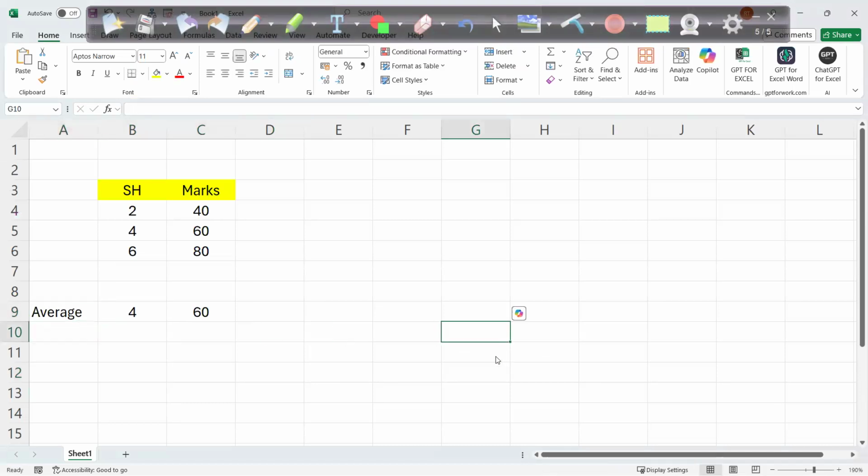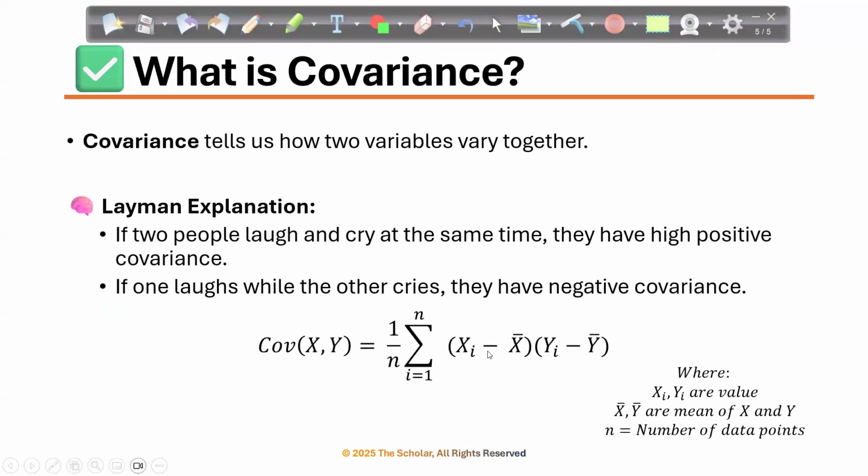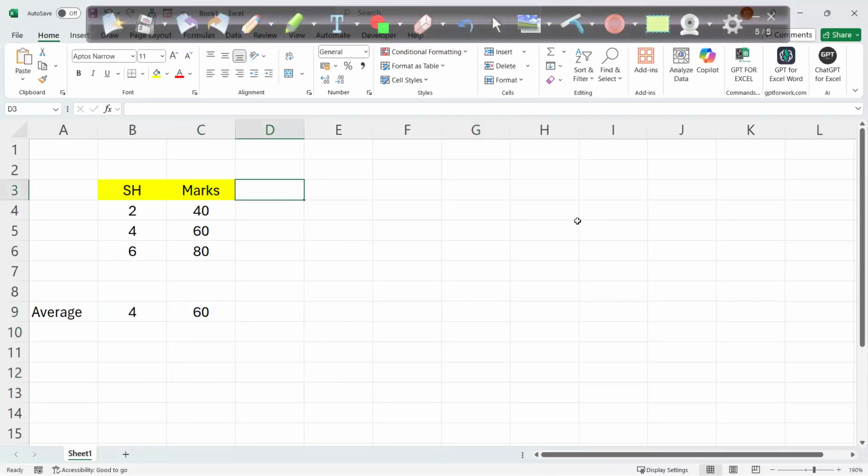Now what is the formula? Xi minus x bar, so study hours minus study hours average, and the same way yi minus y bar, so marks minus marks average.